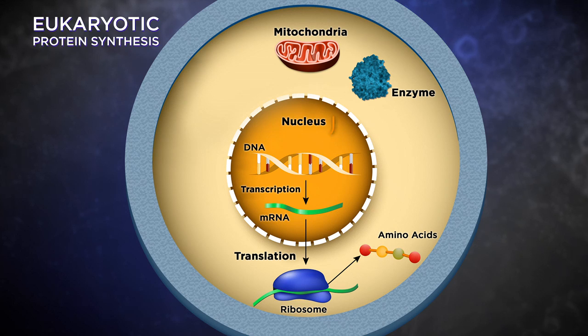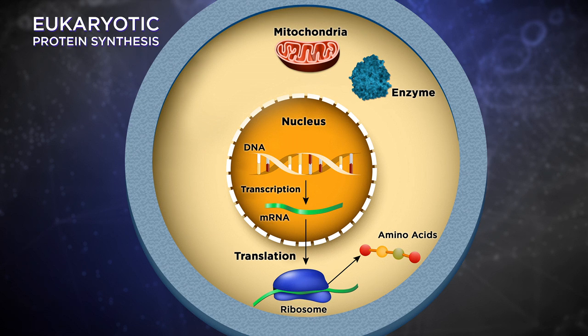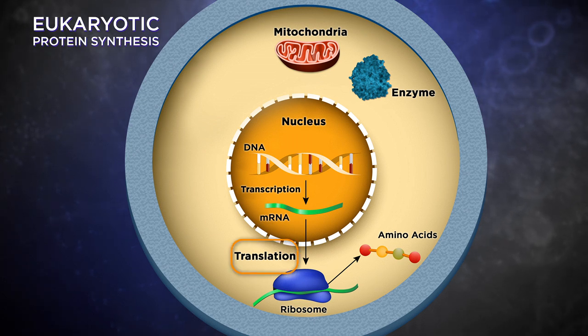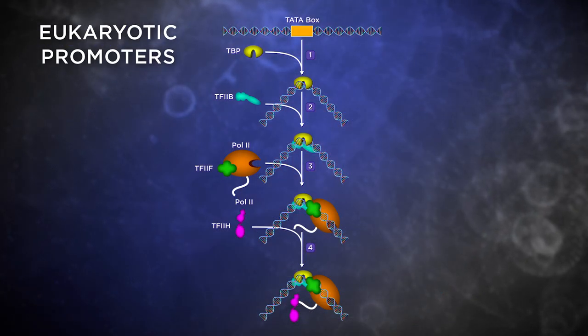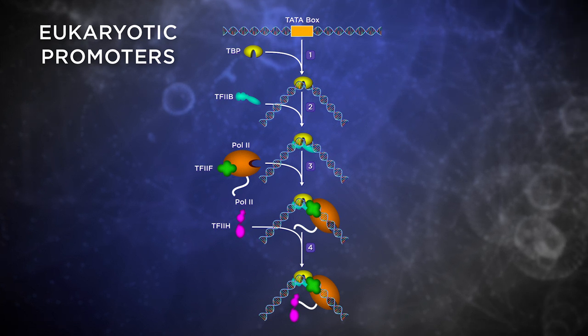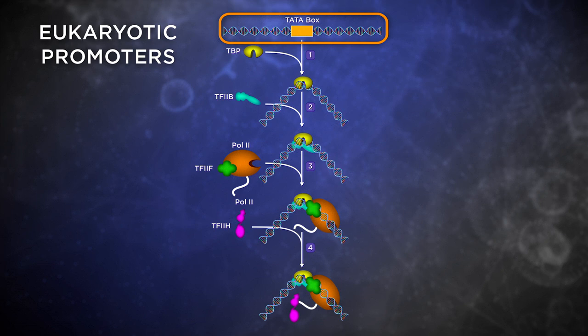Finally, eukaryotic cells have a nucleus, and that is where transcription happens. RNAs produced there are processed further before they are sent into the cytoplasm. Now, protein synthesis or translation happens in ribosomes as in prokaryotes, but they are located in the cytoplasm. Eukaryotic promoters have some similarities to prokaryotic promoters, including a so-called TATA box sequence, about 25 base pairs upstream of the start of transcription.